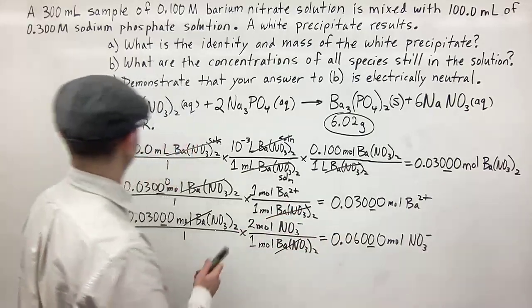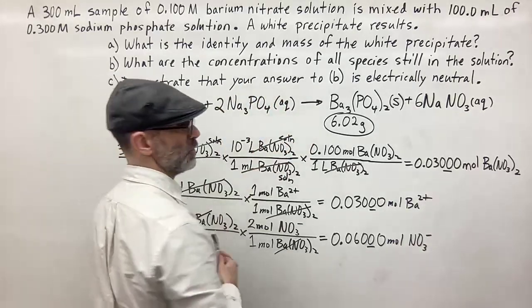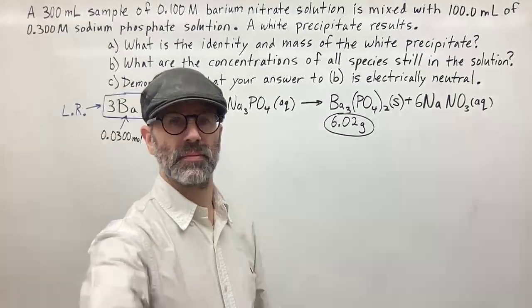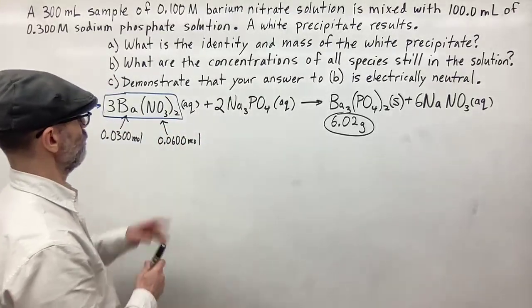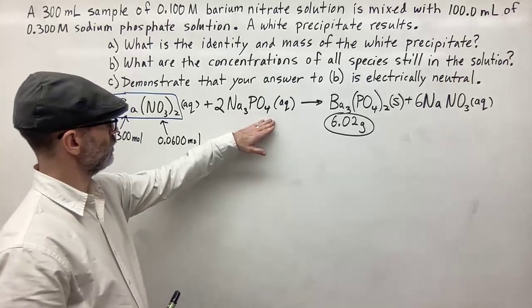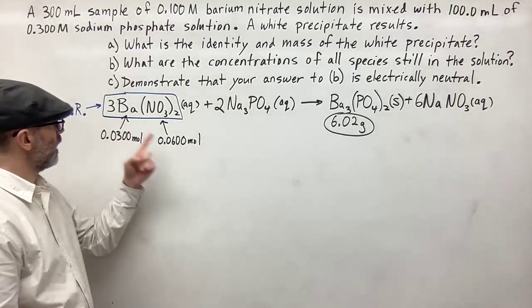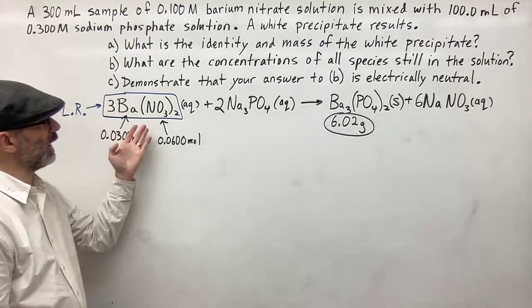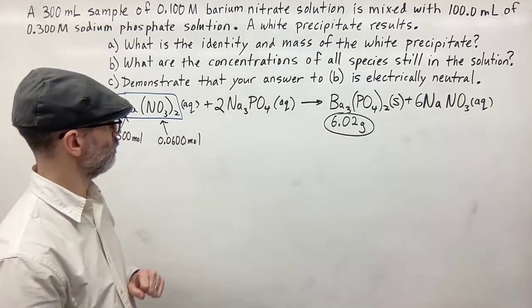Okay, now we just have to do the same thing with the sodium phosphate. So let's go ahead and do that. Okay, so now we have sodium phosphate to do. So I wrote here the molar amounts of both of these ions. This is the limiting reagent, so we'll keep that in mind. And I have the gram amount of the barium phosphate that was formed.